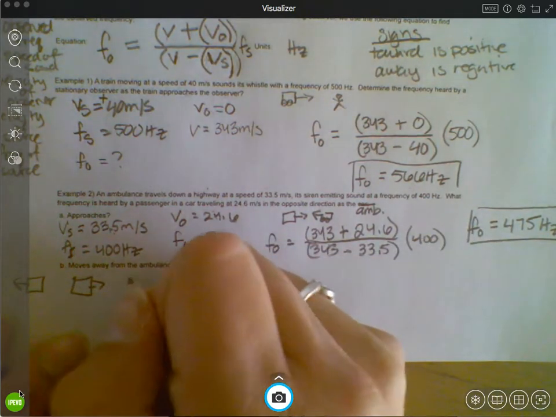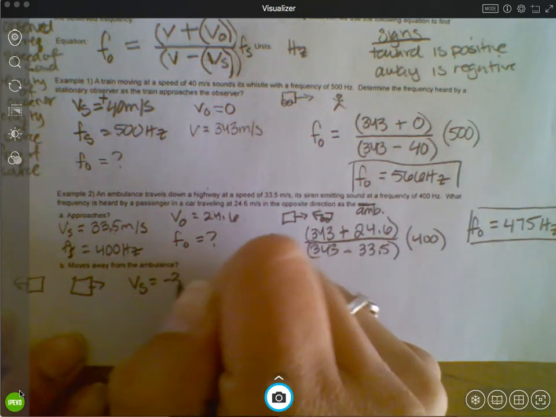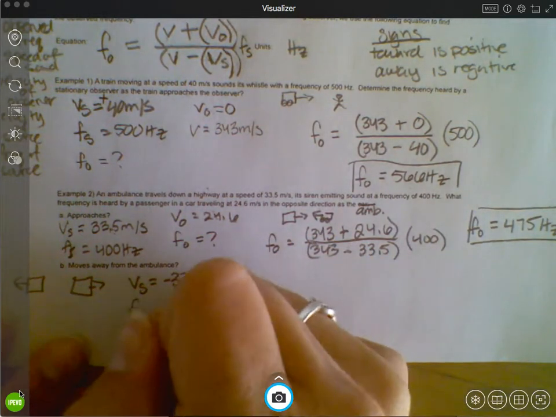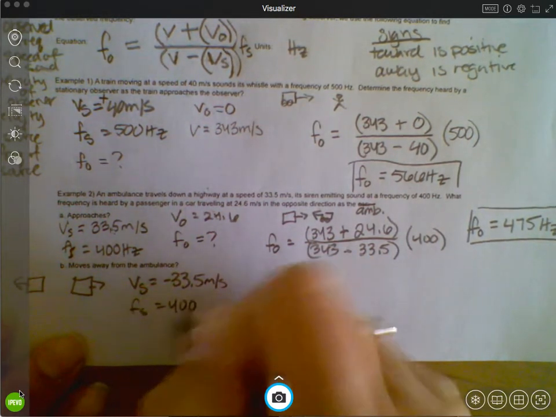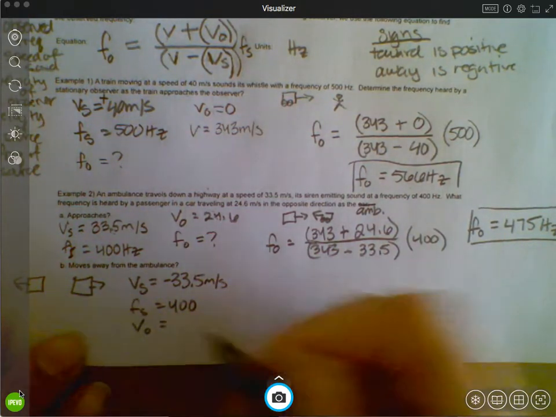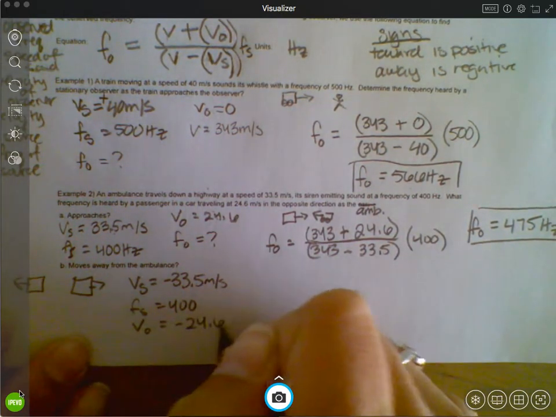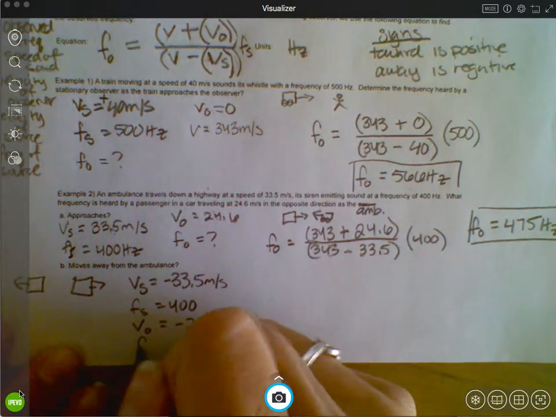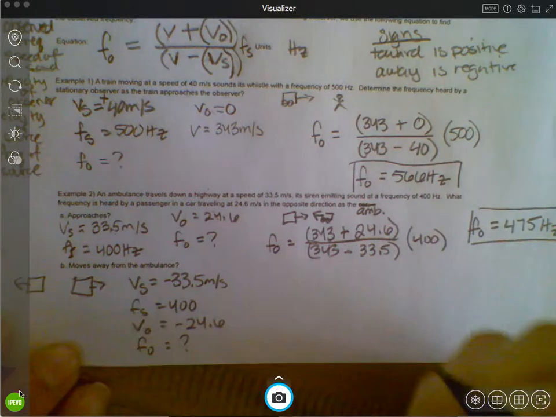So now all that changes is that the source velocity is now negative 33.5, because it's going away from the car. Frequency is still 400. The observer velocity is now negative 24.6 because the car is also going away from the ambulance. And we're looking for FO.